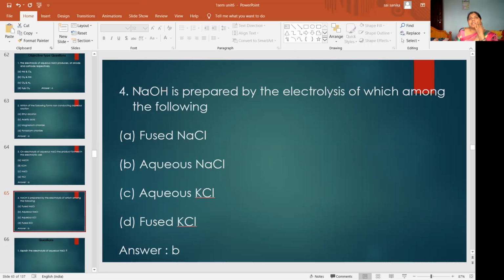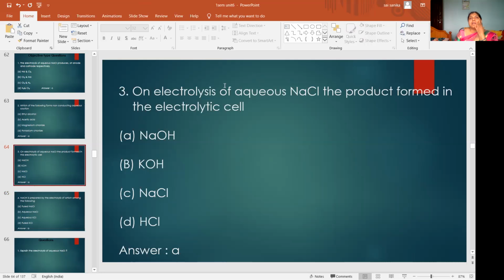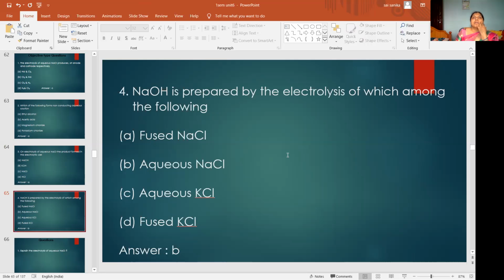So the answer is B, aqueous NaCl. If you do the electrolysis of aqueous NaCl, you get the product NaOH in the solution.